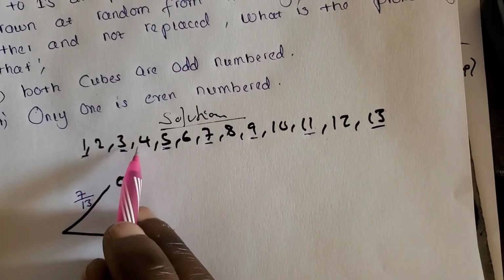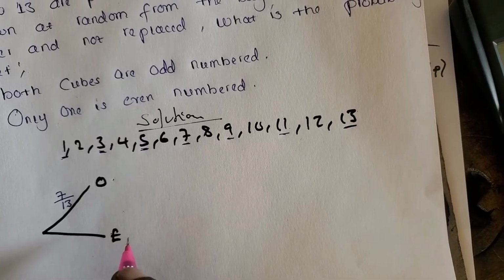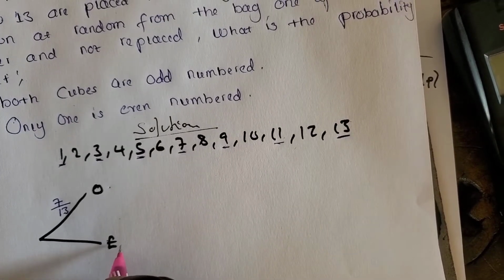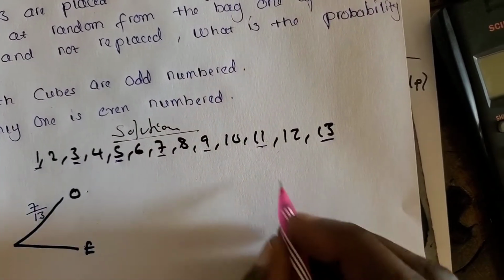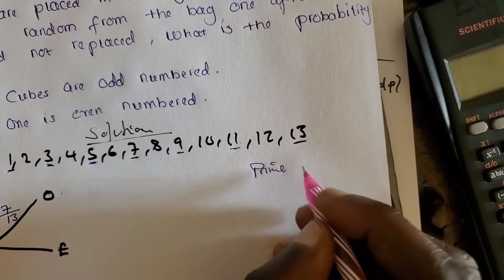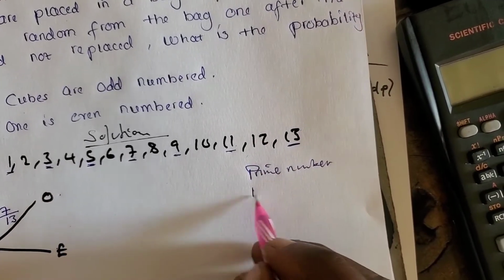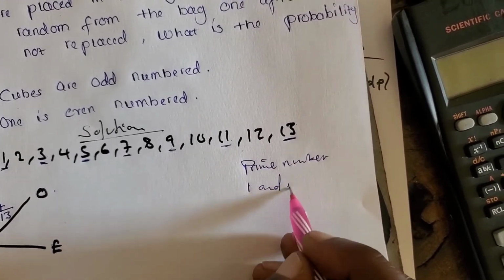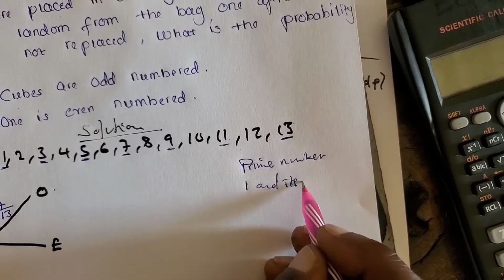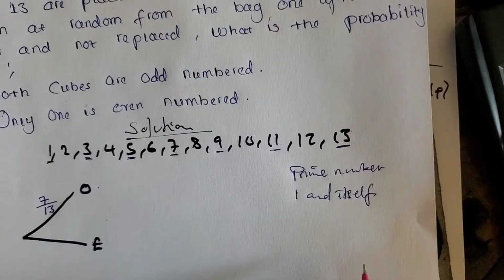Even numbers, by the way, are numbers that are divisible by 2. So sometimes you may be asked to write prime numbers. Prime numbers are numbers that are divisible by 1 and itself. Those are prime numbers.